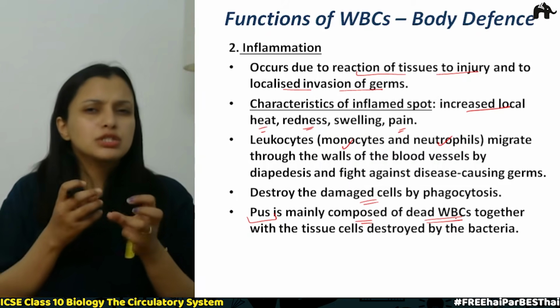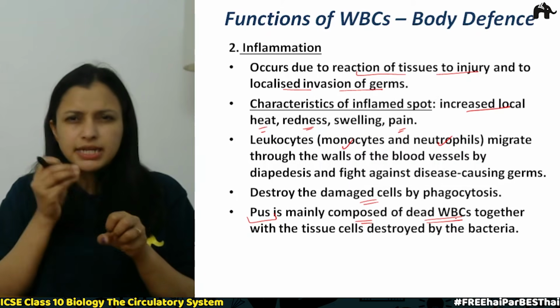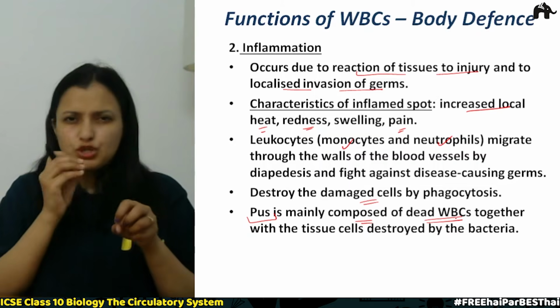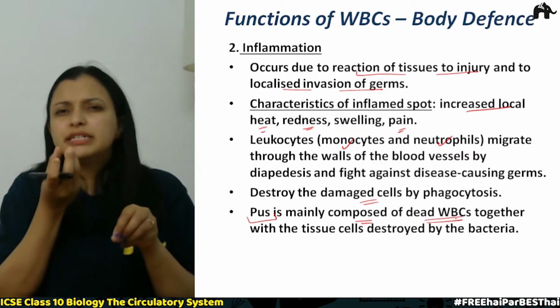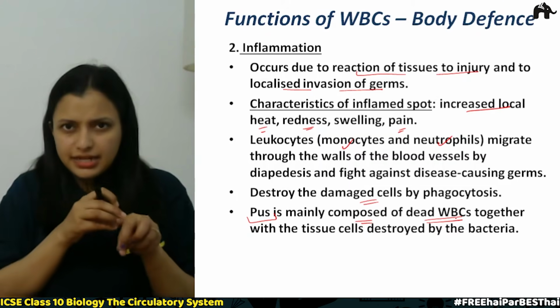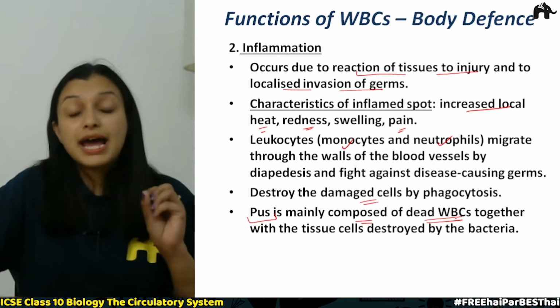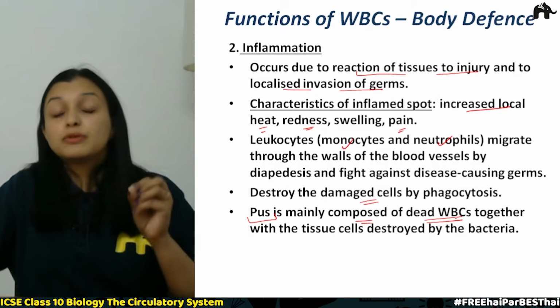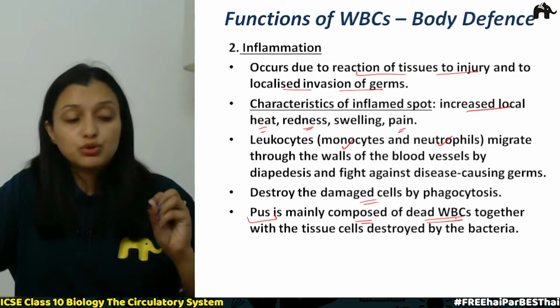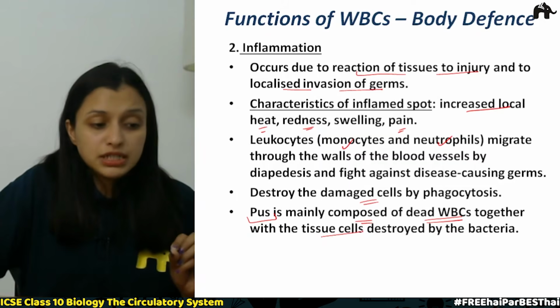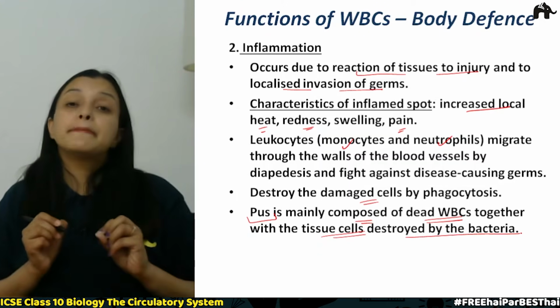Sometimes you see that pus, right? You'll see a swelling, and there seems to be something white, a fluid, inside that area. So that is pus, and it is usually composed of dead WBCs together with the tissue cells destroyed by the bacteria.